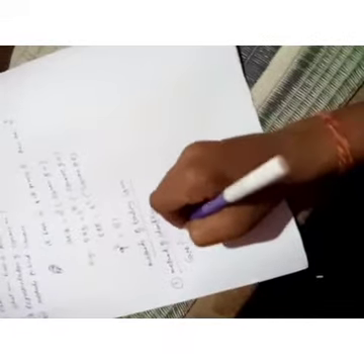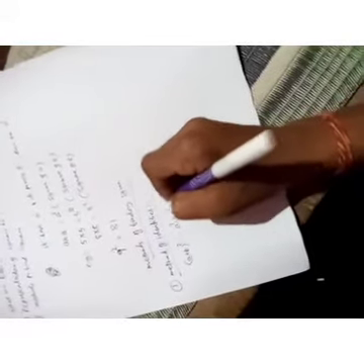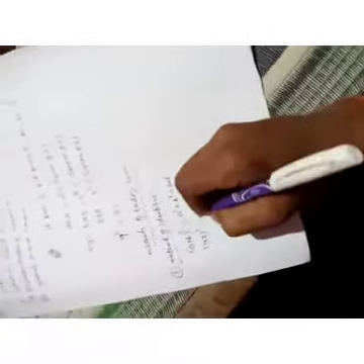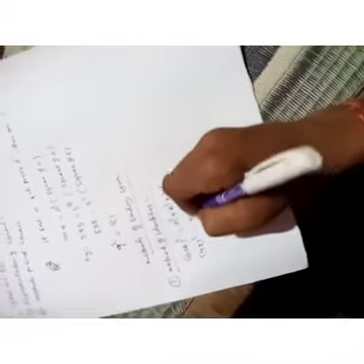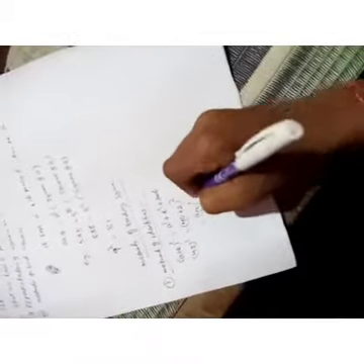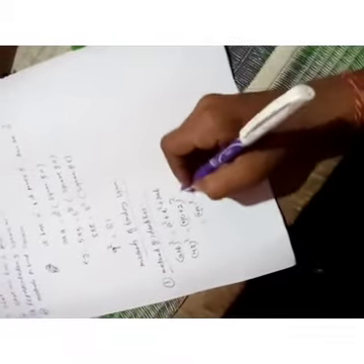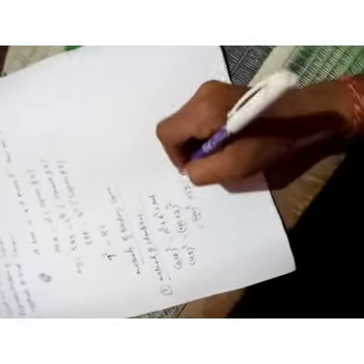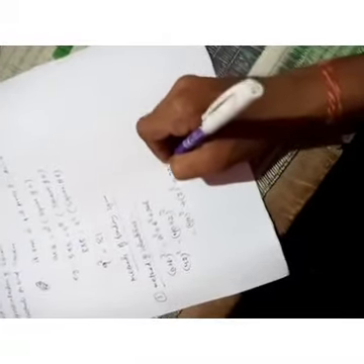In the algebraic identities, a plus b whole square is a square plus b square plus 2ab. For example, we can apply it to 42 square. It can be written as 40 plus 2 whole square, so it becomes a plus b whole square: 40 square plus 2 square plus 2 into 40 into 2.